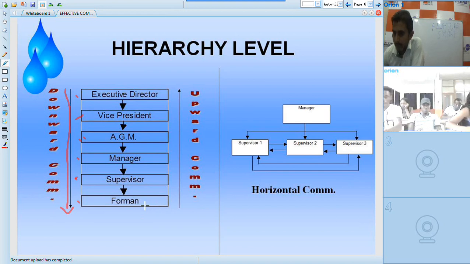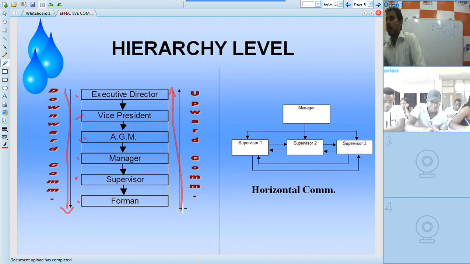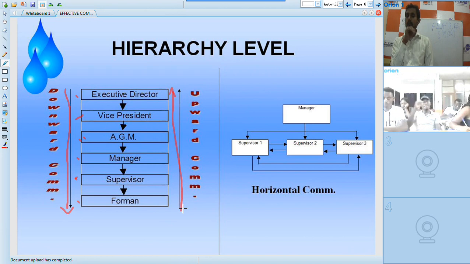It arises from the foreman to the supervisor, to the manager, to the AGM, to the vice president, to the executive director. So both are opposite to each other.